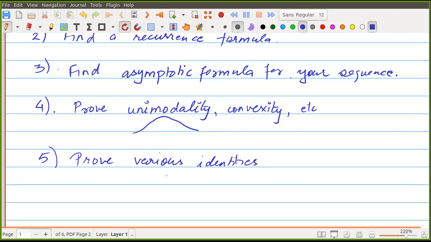For instance, even the things like when you know that the sum of the first k things from 1 to n, everybody knows this is n times n plus 1 by 2, right?